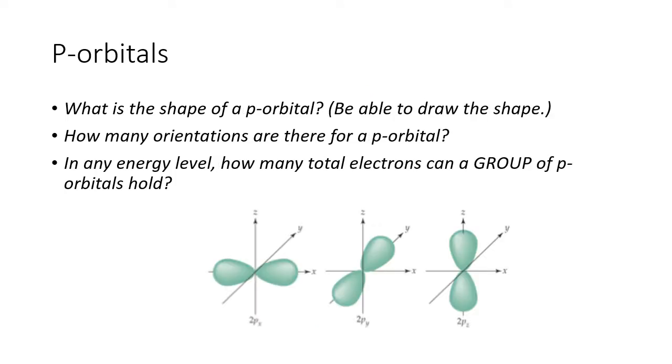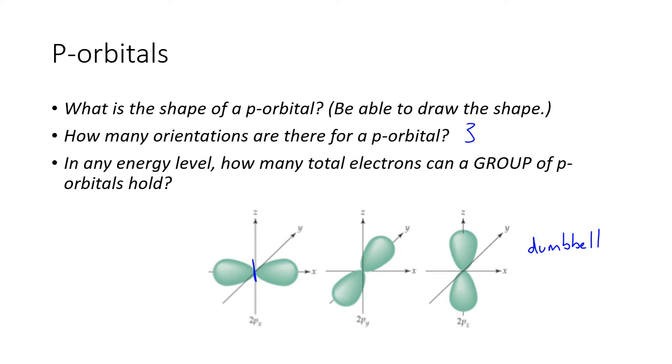The second type of orbital is a p orbital. What is the shape of a p orbital? You should be able to draw the shape later. The shape of the p orbital is a dumbbell shape. How many orientations are there for a p orbital? Now there is a node in the middle of this, and because of that you can orient this on 3 different axes, the x-axis, the y-axis, or the z-axis, and so we get 3 different orientations.